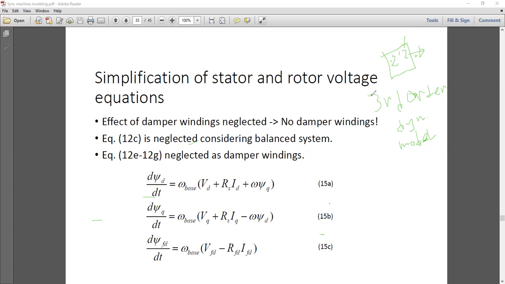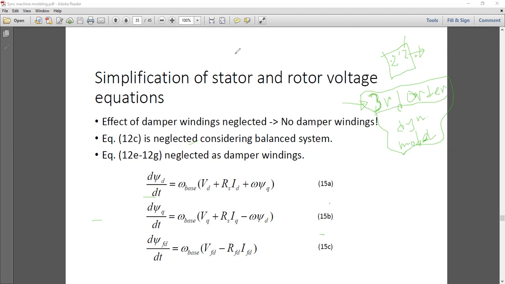But now after simplification, we will be left with only the field winding dynamics of the machine. So all the damper coil effects will be ignored to arrive at this third order model.